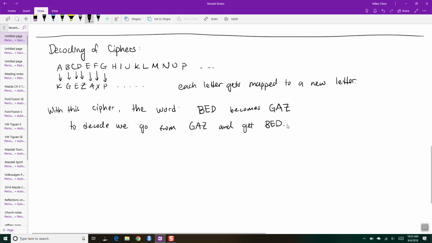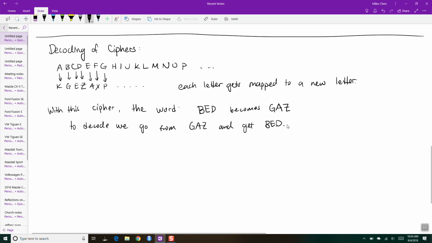And apparently this came about in prison. People were sending messages to each other, and the guards would intercept them, but they were ciphered, and the guards wanted to know, are the prisoners up to no good? This is not encryption, right? Encryption is done by the computer, and it's far more complicated. Encryption done by humans is not possible.